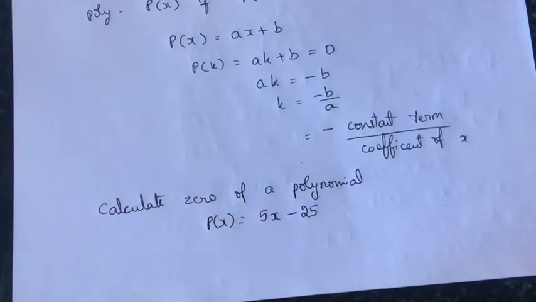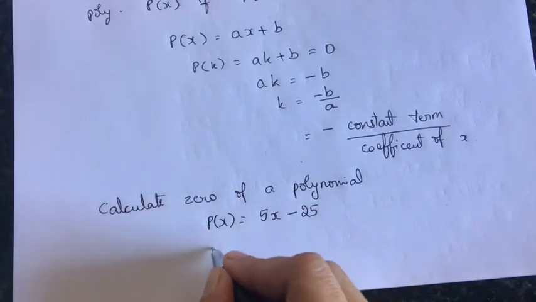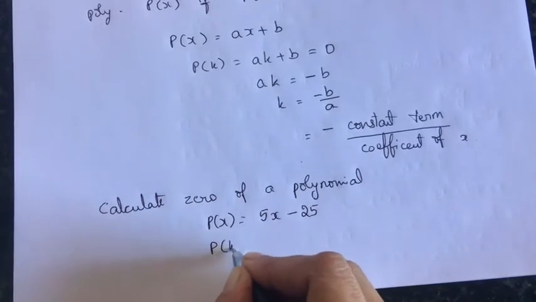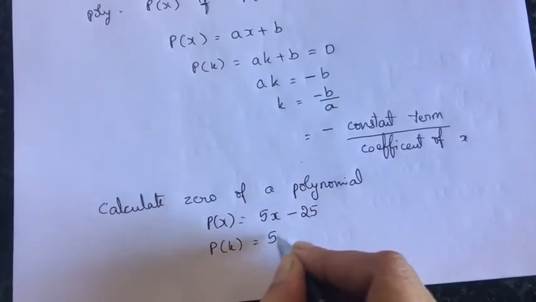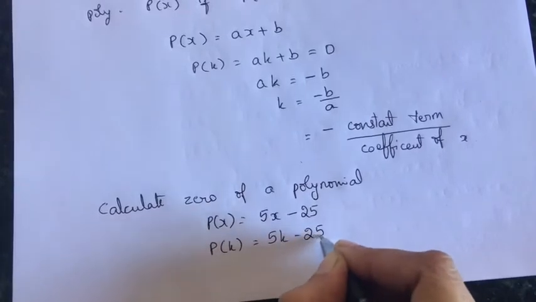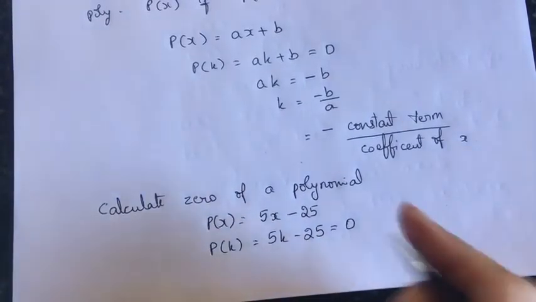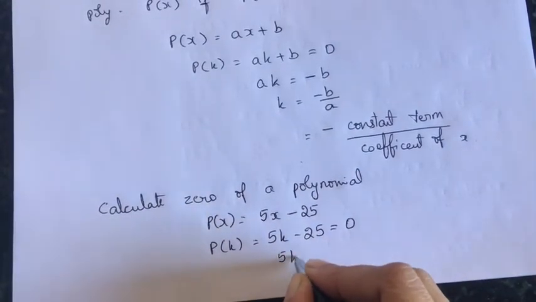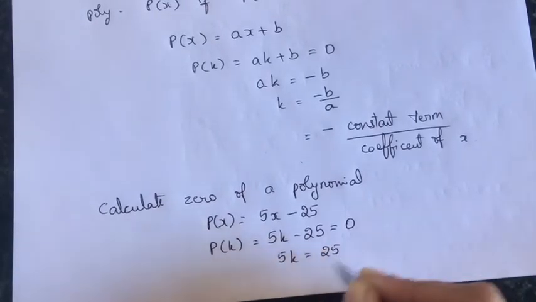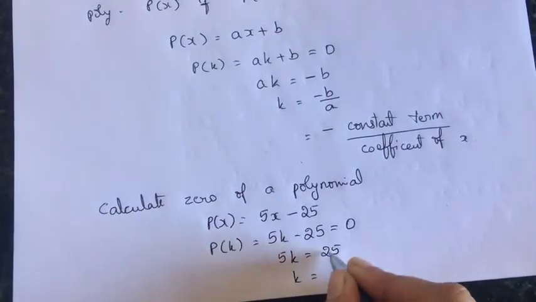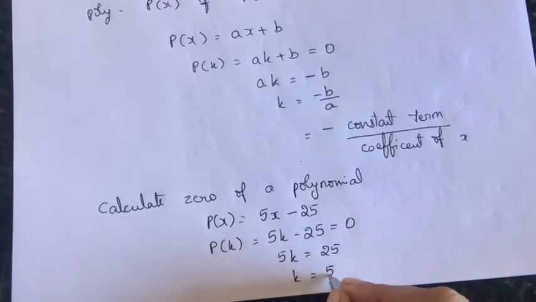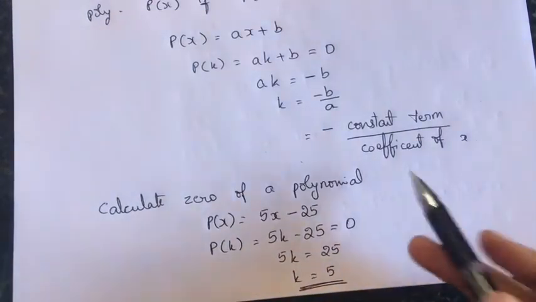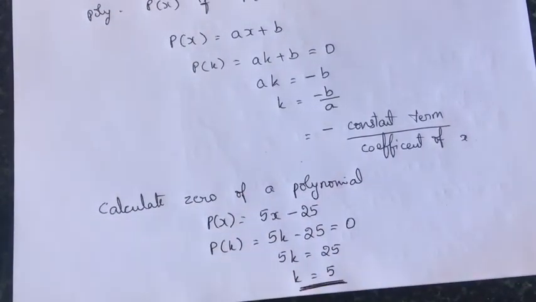What I have to do is equate it to 0. P of k is equal to 5k minus 25 equal to 0. So 5k equal to 25 and k equal to 25 by 5, so it is 5. So the 0 of the polynomial is 5.